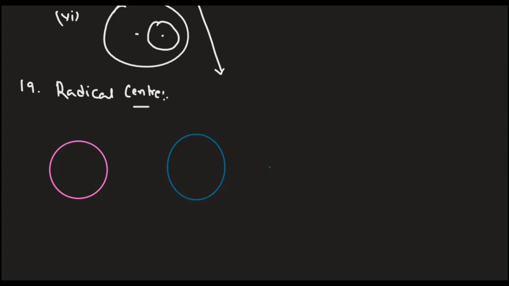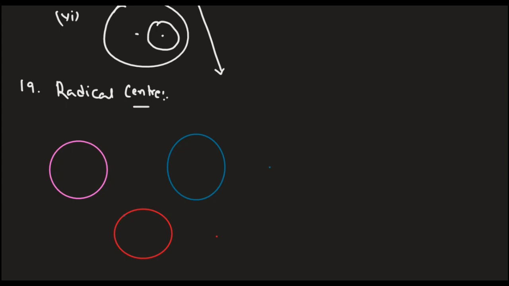So the third circle is also there. Now I am taking another color, red. So now what we observe is that there are three circles.